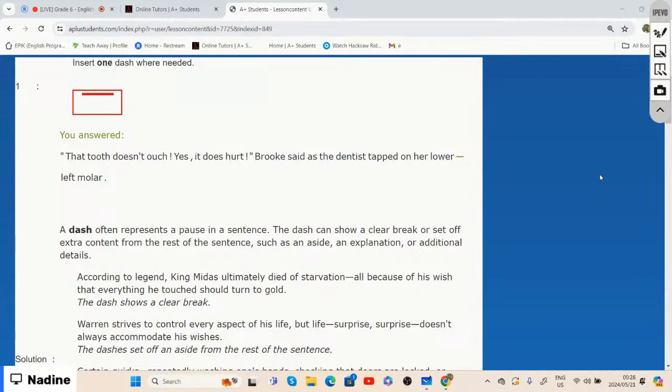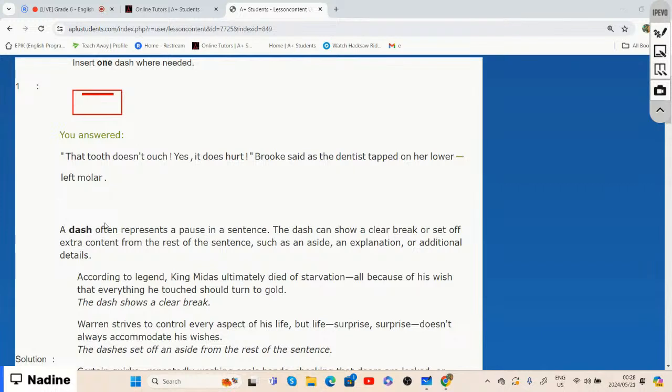In this case, it says we must insert one dash where needed. It says that tooth doesn't, ouch, yes, it does hurt, Brooke said as the dentist tapped on her lower left molar.